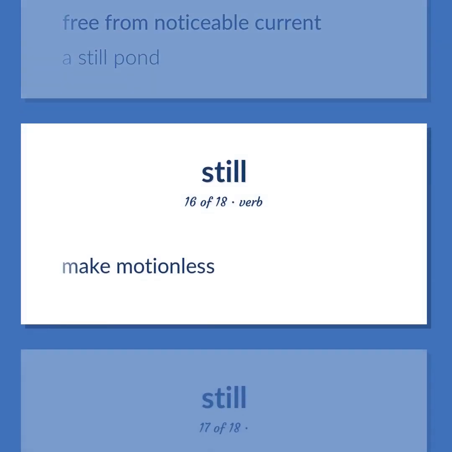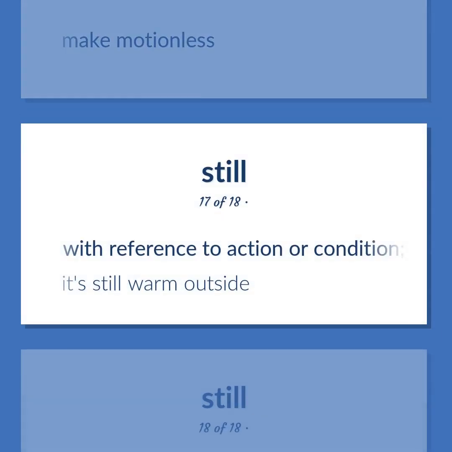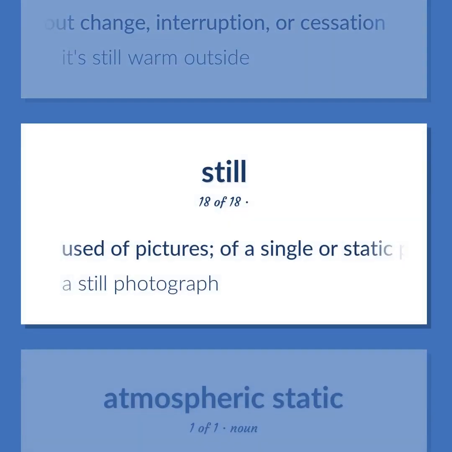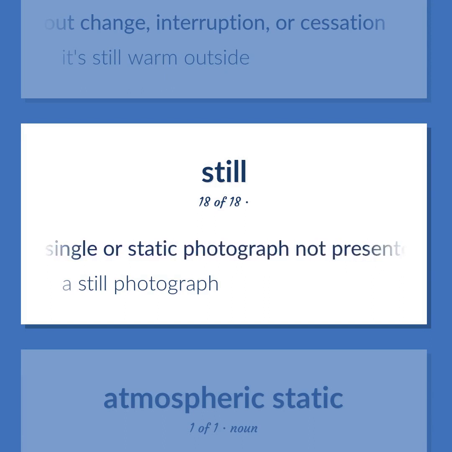Make motionless. With reference to action or condition, without change, interruption, or cessation. It's still warm outside. Used of pictures of a single or static photograph not presented so as to create the illusion of motion, or representing objects not capable of motion. A still photograph.